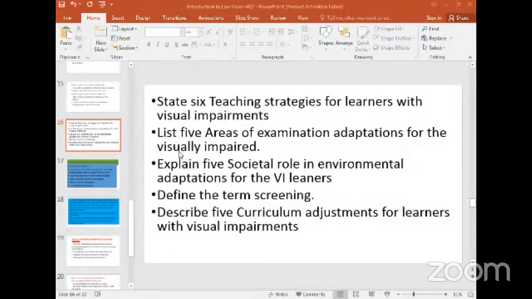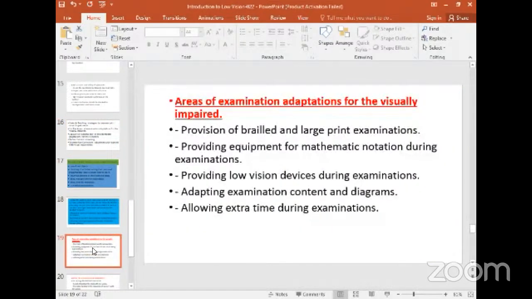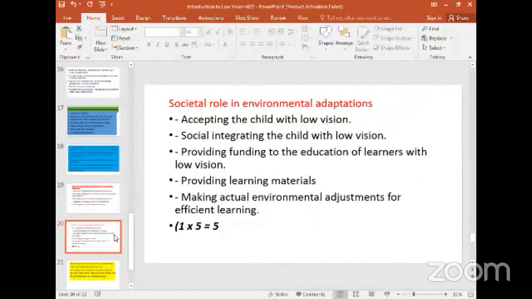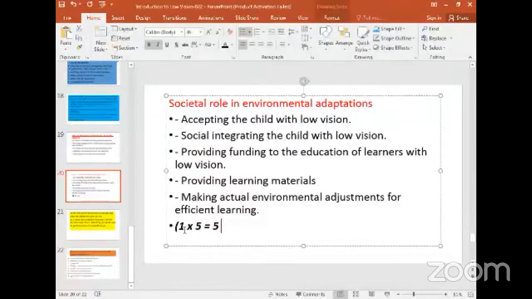Are they only those ones? Okay, so let's look at them here. Somebody talks also about orientation and mobility. Yes. We talk about the societal roles in environmental adaptations.